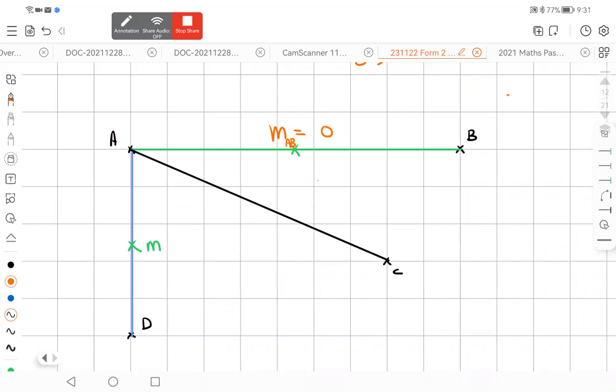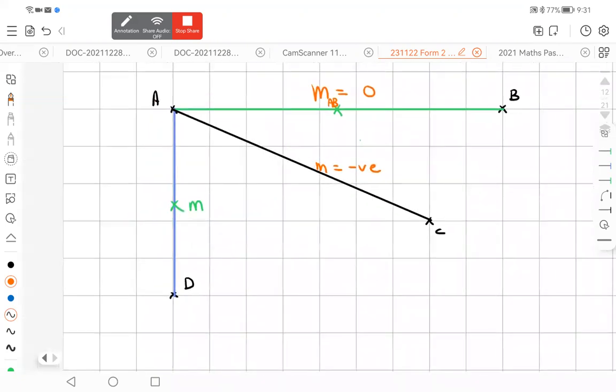If it's AC, you can calculate, but the value of the gradient is in negative form. Then what about AD? The gradient of line AD. Undefined, you are right.